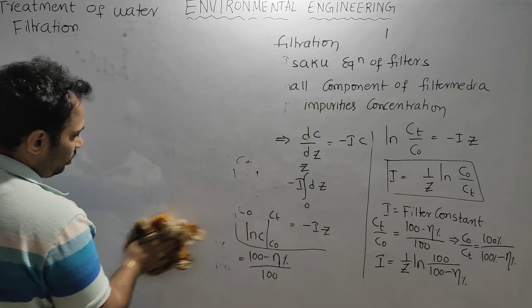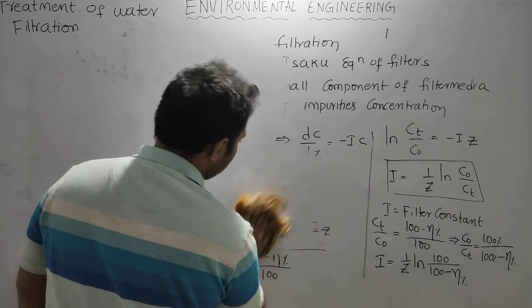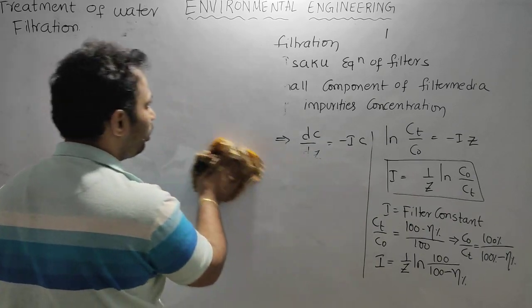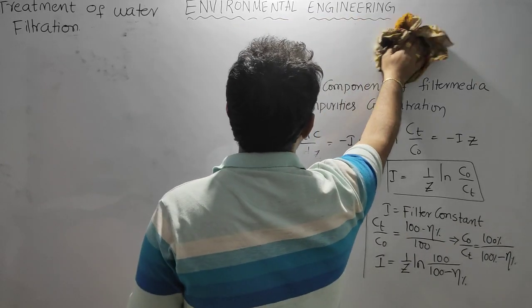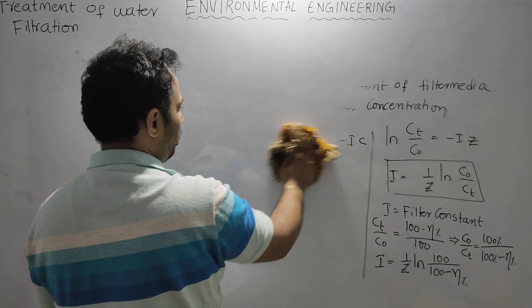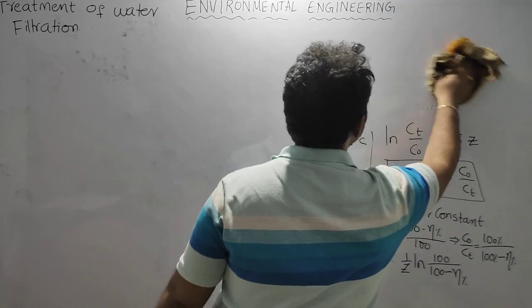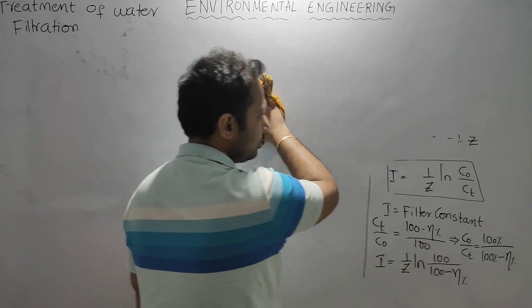We will also discuss the design of a filter, comparisons of rapid sand filter and slow sand filter, what is meant by a pressure filter, and the problems and operation troubles of a filter. I think in 1 or 2 sessions we will learn all these things.